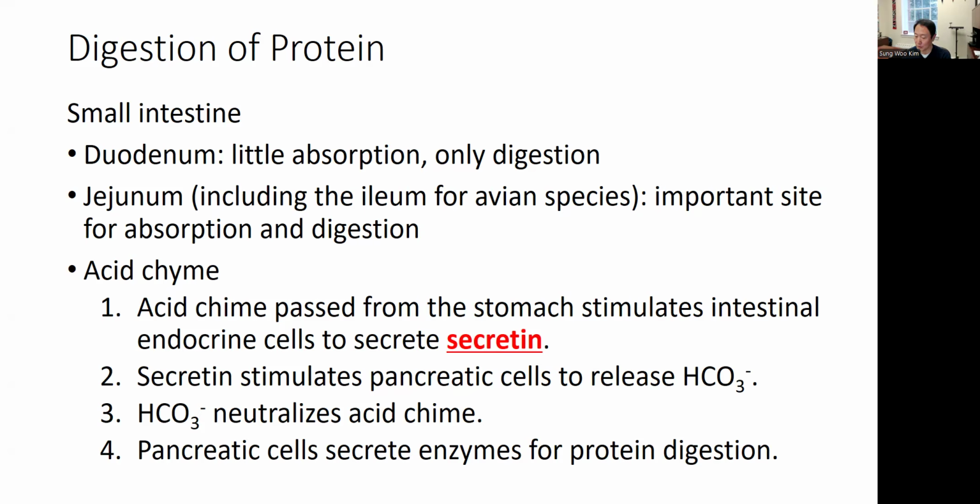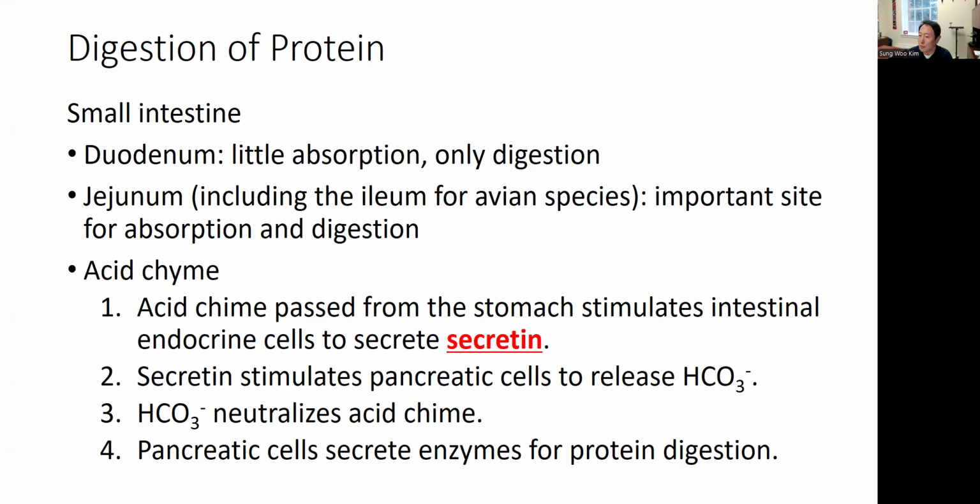Okay? So the structure of the small intestine is seen differently between mammals and avian species.